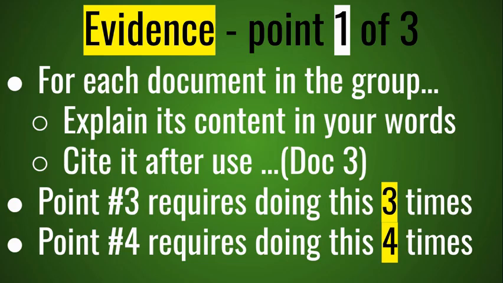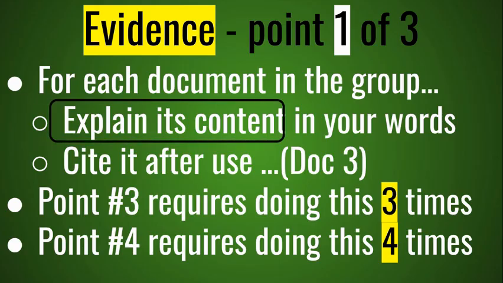I don't even dwell on it in class because it's such a low bar, but we have to explain the content of 3 different documents. Literally, if you did nothing but summarize 3 documents and that was your entire essay, you would get a point for that. However, we are aiming for a lot more. So for a document, we need to not just explain its content in our own words. I also recommend that you cite each document after you use it.